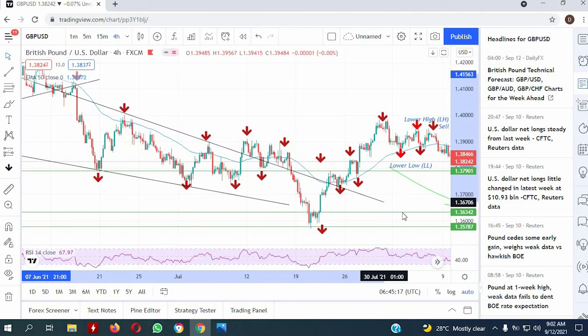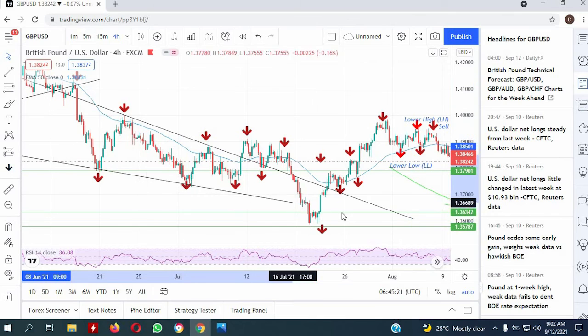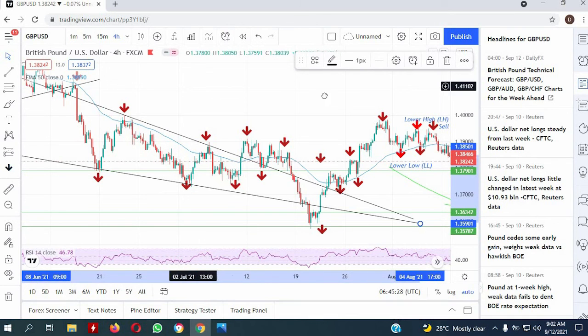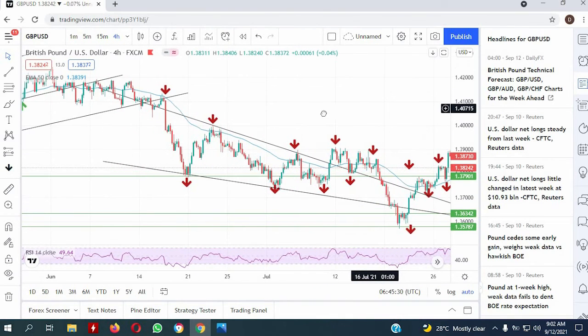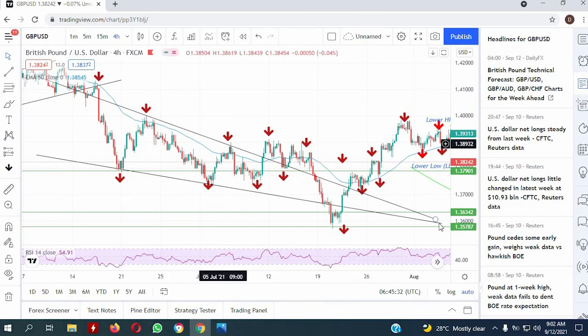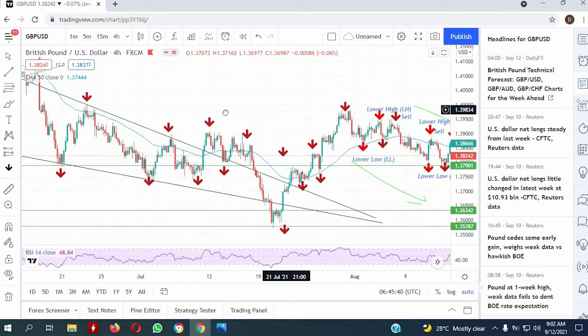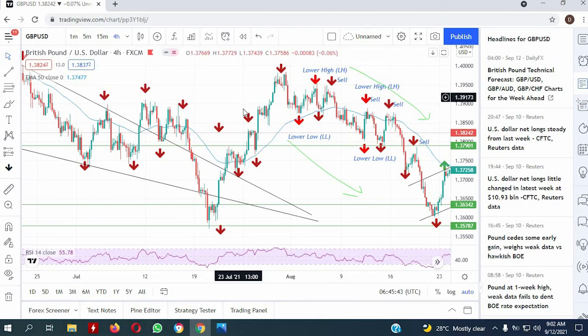If you realize, the line is also showing us something, that this is just a small downtrend. It's not a major uptrend, it's not a major downtrend. So it is showing us that it is just a small downtrend. So that is how we do our technical analysis.